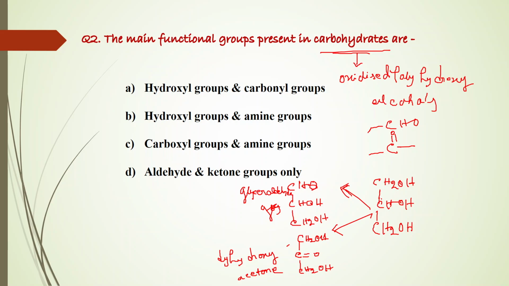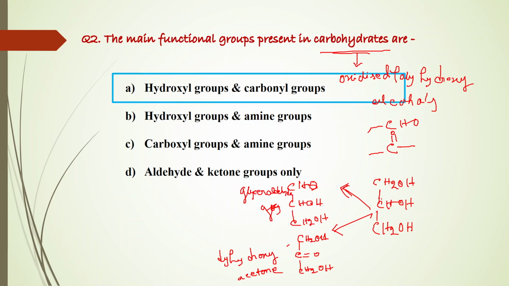So the correct answer should have been hydroxyl groups and carbonyl groups. Most of you have answered aldehydes and ketones. Yes, exactly, aldehydes and ketones are obviously a major part of carbohydrates, but hydroxyl groups are the main part as well.